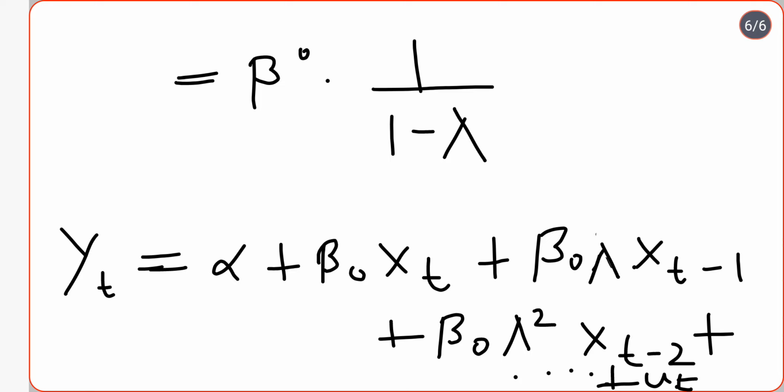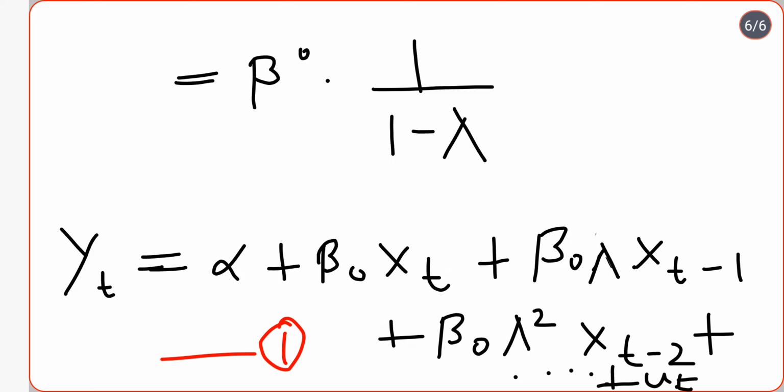Now if I want to calculate the parameters of the model, basically here we can do some tricks which Koyck has suggested. Suppose this is our equation 1, right?